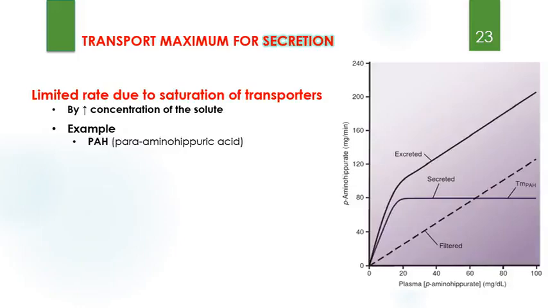and you see that comparing the excretion rate before and after saturation, before saturation it is steeper, but after saturation it is less steep. It is because of the transport maximum of PAH that is reached at a given concentration of PAH.